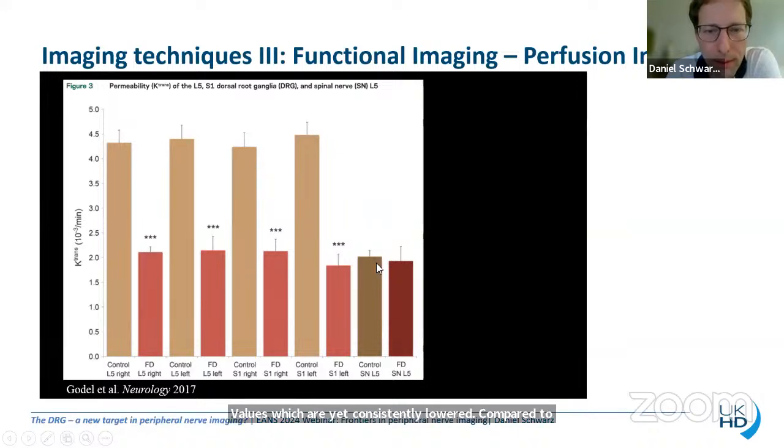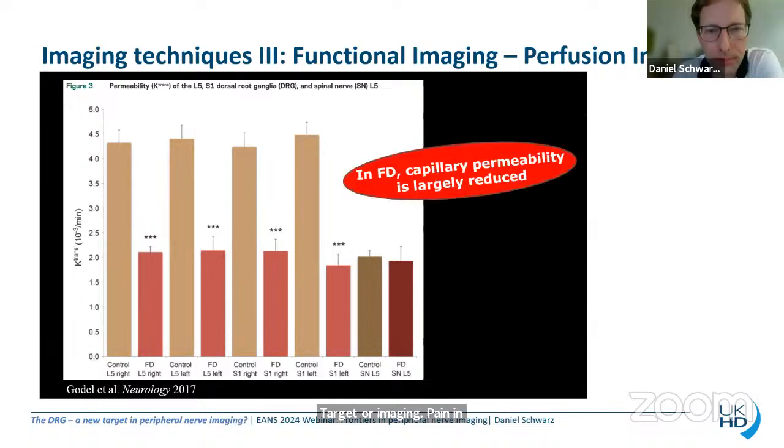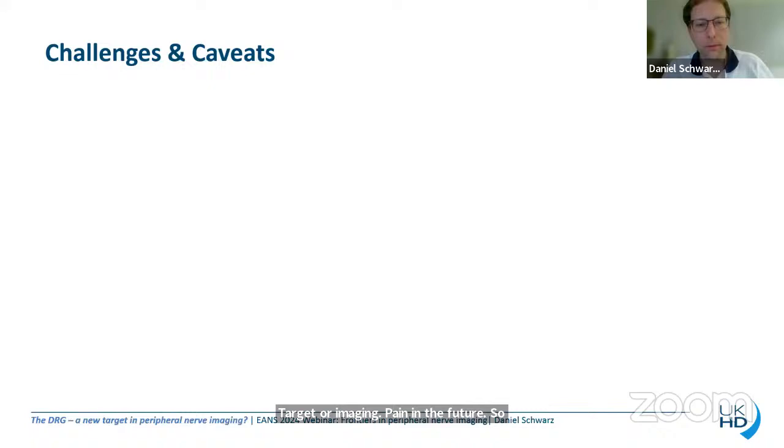On the other hand, if you again have a look at the controls of the sciatic nerve, you see the spinal nerve actually doesn't show any difference. So this might also be a very interesting target for imaging pain in the future. So the capillary permeability is largely reduced.